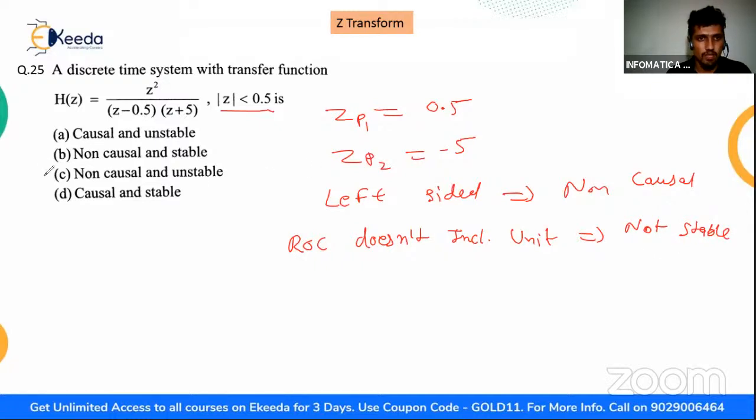So non-causal and unstable. In the Laplace transform, whenever the ROC includes the omega axis, the signal is stable. Similarly here, whenever the ROC includes the unit circle, only then will the signal be stable.